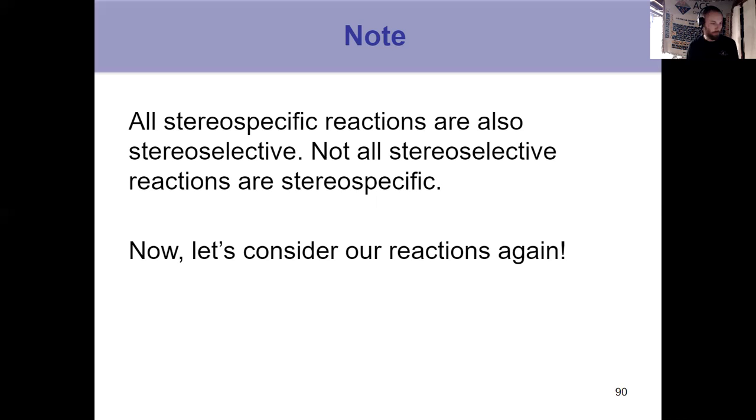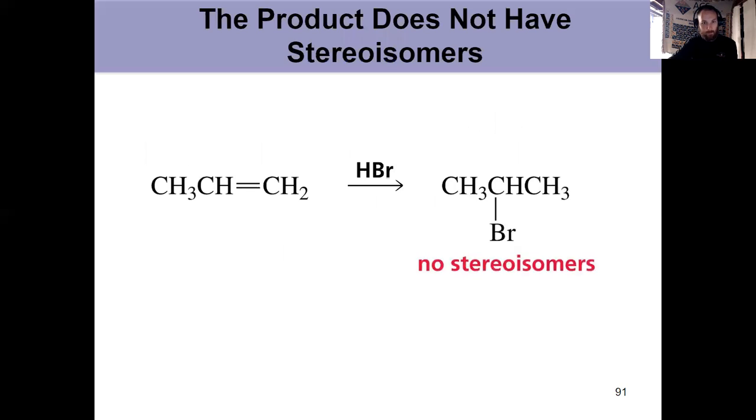Now that you heard the word stereo more than you thought you ever would in your life, let's think about the reactions again. Looking at this reaction here, an alkene plus a hydrogen halide. This reaction doesn't have any stereoisomers to worry about, because I've got two alkyl groups, the methyl groups here, that are the same.